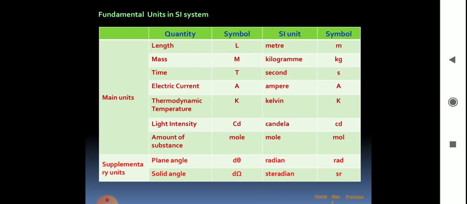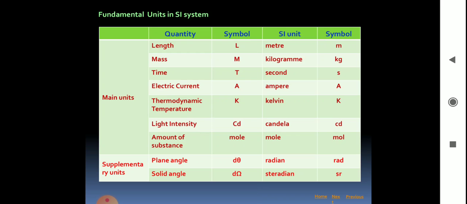So there are 7 fundamental units, and we have 2 supplementary units. One is plane angle and the other is solid angle. The plane angle, symbol d theta, SI unit radian, symbol rad.